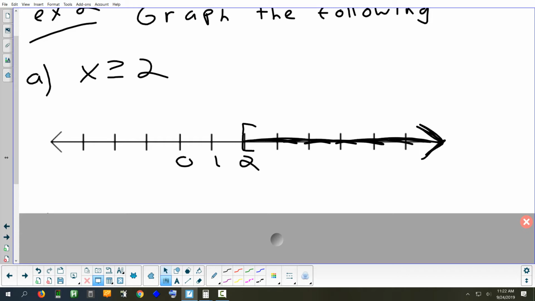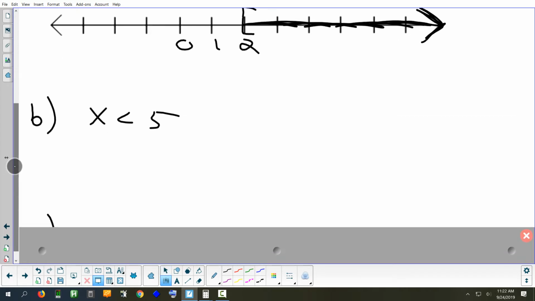If she didn't say bracket, you still have to shade to the right, but what other symbol could she have used? Closed circle. We could have used the closed circle, which I thought you were going to say at first when you started with closed. But yeah, we went with bracket. So are they interchangeable? Yeah, I wouldn't mix them in the same problem though. Stick with either brackets and parentheses, or circles. Just don't mix them in the same problem.